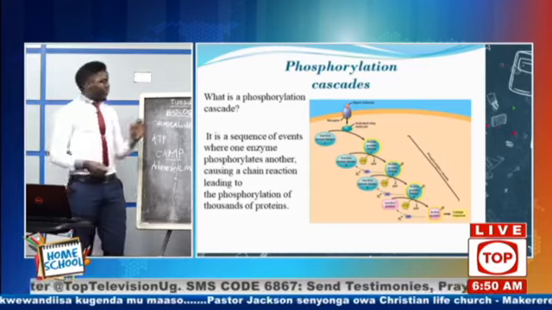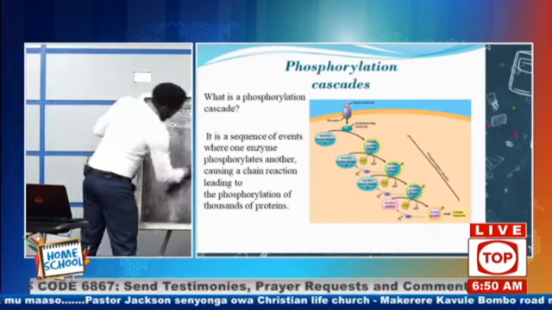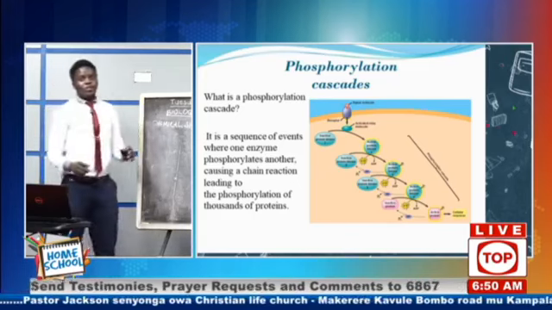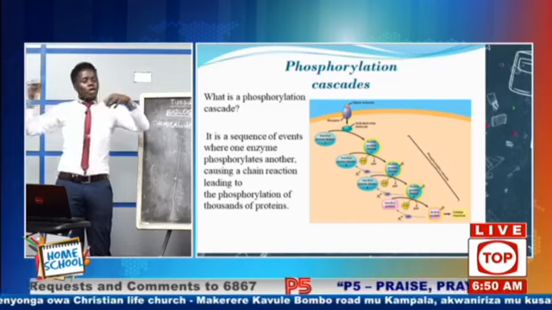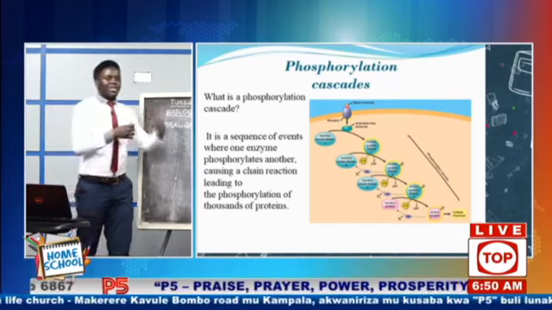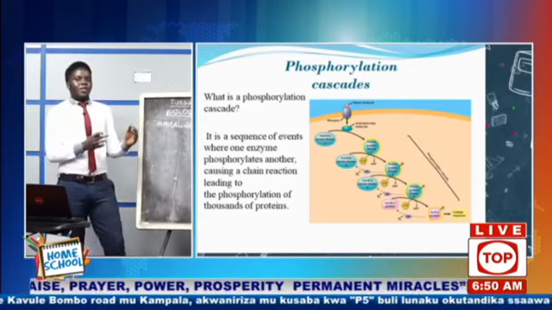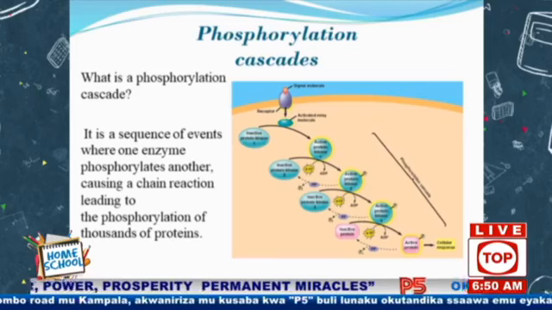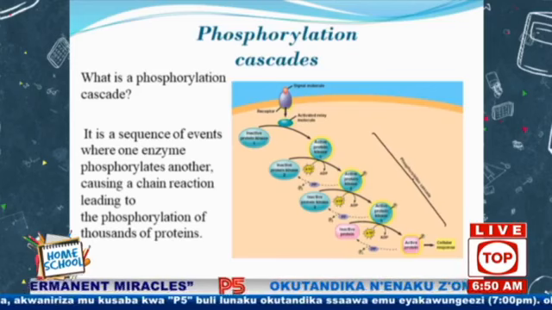In this case, instead of having one molecule activating an enzyme, we have a molecule resulting in a series of different stages of phosphorylation. So instead of having the second messenger pathways, some cells can have a phosphorylation cascade.